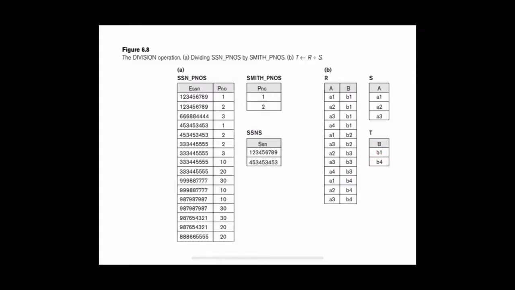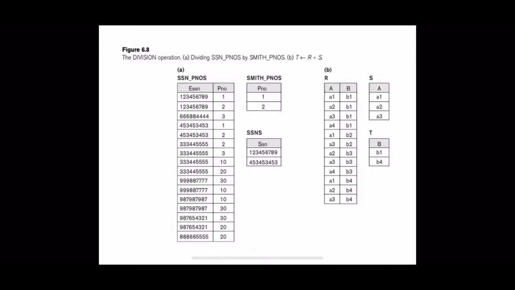So to perform a division operation, the first relation, R, has a set of attributes, say Z. Here it is the set of A and B. The second relation has another set of attributes, say X. Here it is A. So this X always should be a subset of this set. Here the set A is a subset of the set A, B, right? So that condition should always be met.